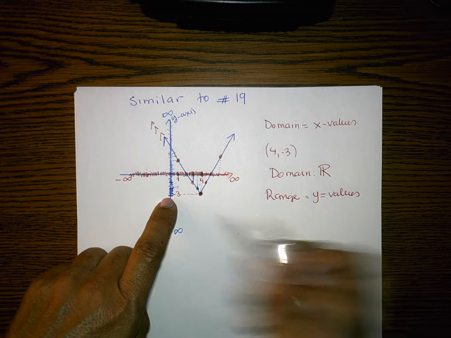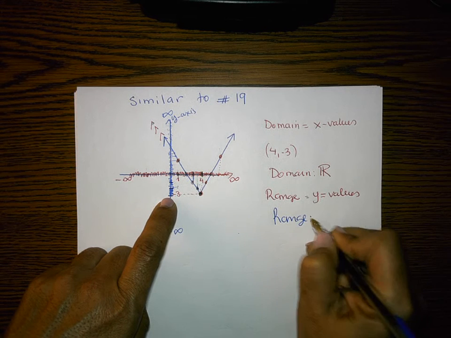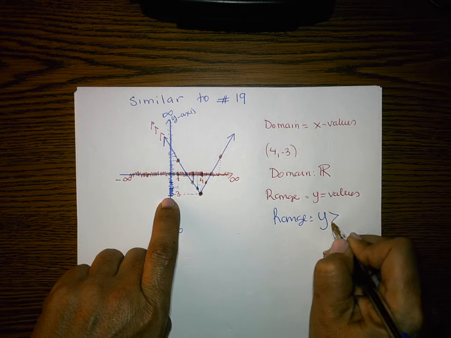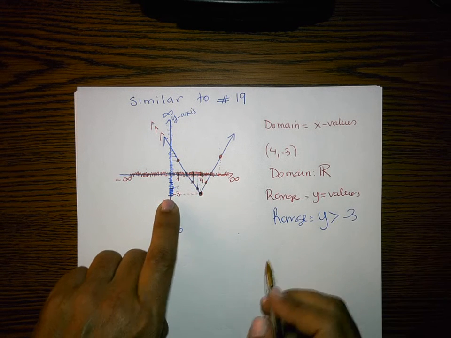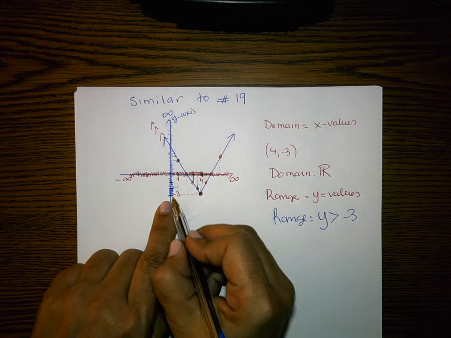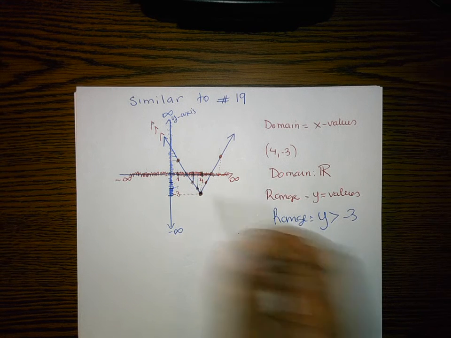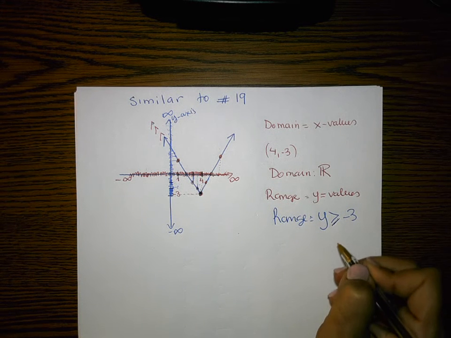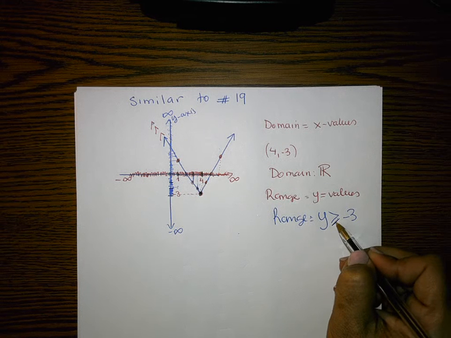How do we say that here for our range? So we're saying all the y values that are greater than -3. Do I include the -3? For sure, right? If you go and you find it's a closed point here on the graph, so to say that I am including, I have to put an equals under. So I have to make those decisions of do I include or not include it?